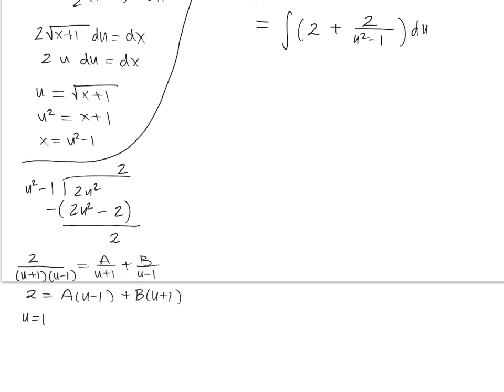So if u equals 1, we get 2 equals 2b. So b is 1. Is that right? What else can you plug in for u? u is negative 1. You get 2 equals negative 2a. Therefore, a is negative 1.